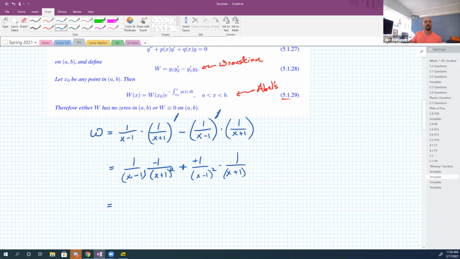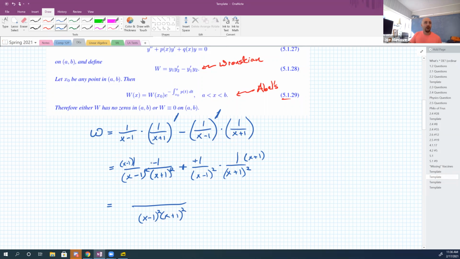So all told here, I don't really have a common bottom. If we want to put these together and make things a little bit easier, I'm going to make a common bottom. So I'm going to multiply this by x plus 1 on top and bottom, and I'm going to multiply this by x minus 1 top and bottom. So now I've got this over x minus 1 squared times x plus 1 squared.